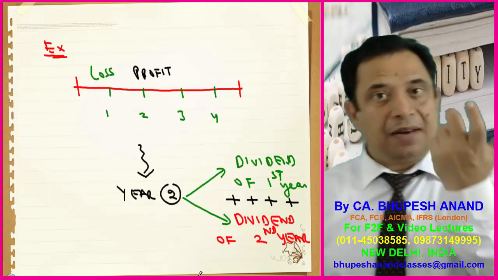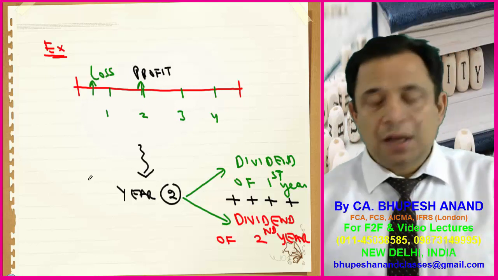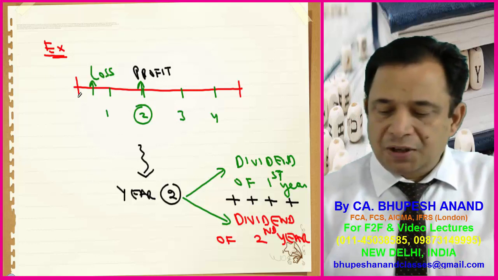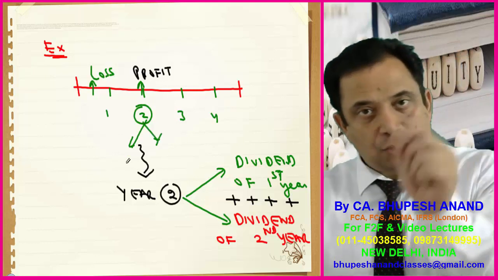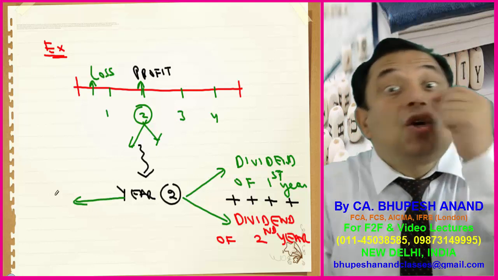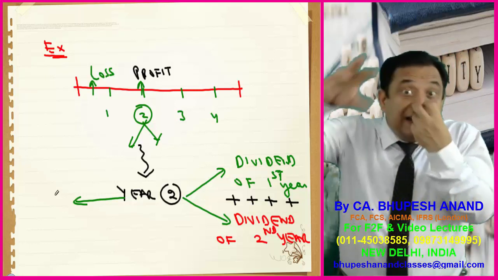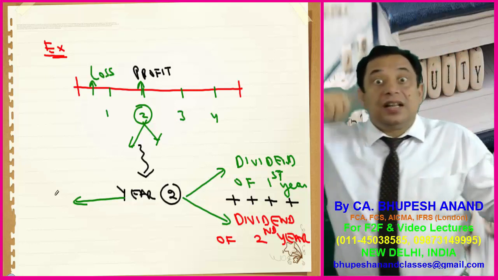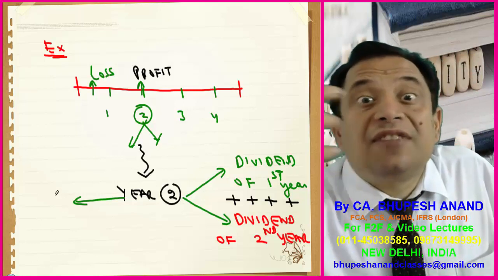So I have prepared a timeline. In the first year, supposing there is a loss, in the second year there is a profit. Now in the second year, the company is paying dividend of two years, that is the first year as well as the second year, because these types of preferred stocks are named cumulative preferred stock. Now, in case the company is only paying for the second year and has not paid for the first year, then those preferred stocks are named non-cumulative preferred stock.